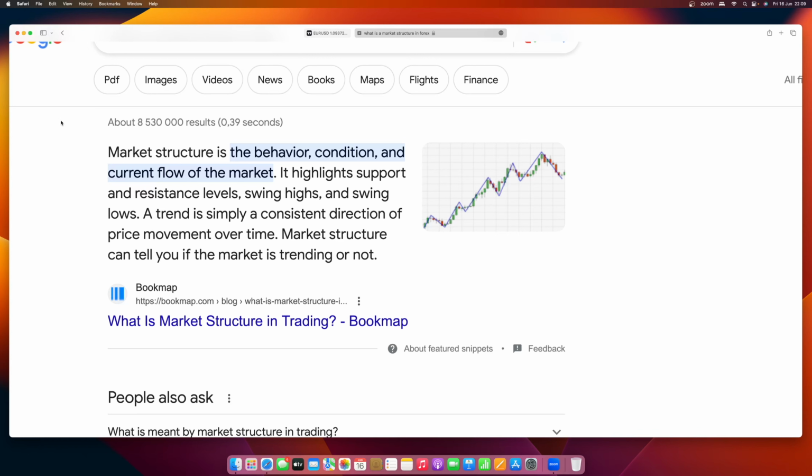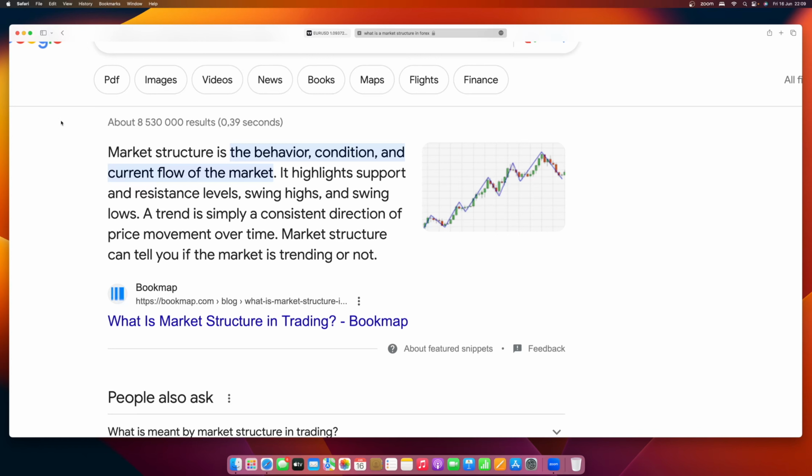So you can see the behavior, condition, and current flow of the market was highlighted. So those are a very key point you want to remember. Market structure is the behavior, condition, and current flow of the market. It highlights support and resistance level, swing highs, and swing lows.